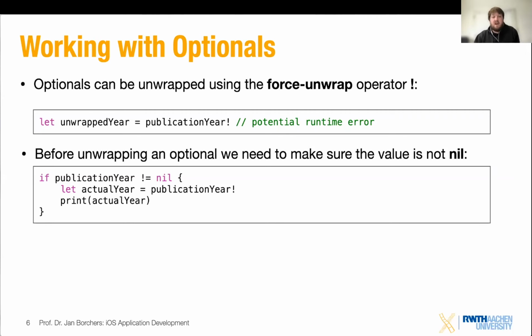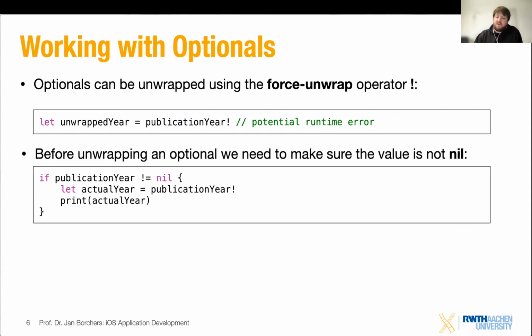And then you assign actual year with the publication year that you took out. But of course, that will be tedious if you use it very often and you need to work with optionals all the time.